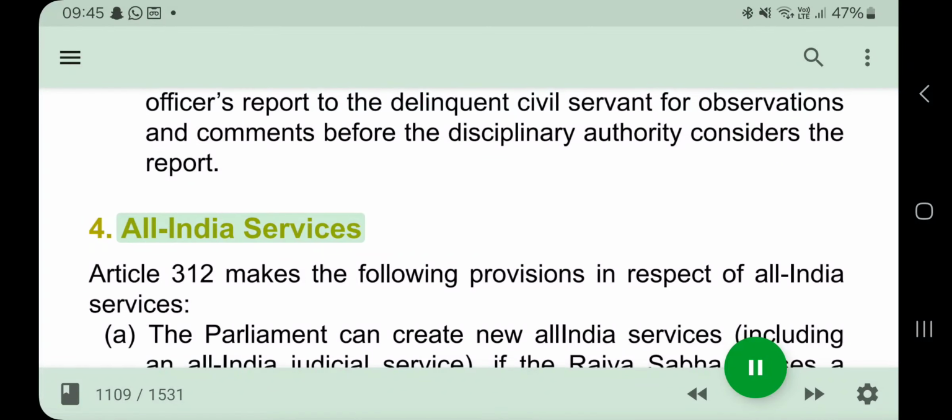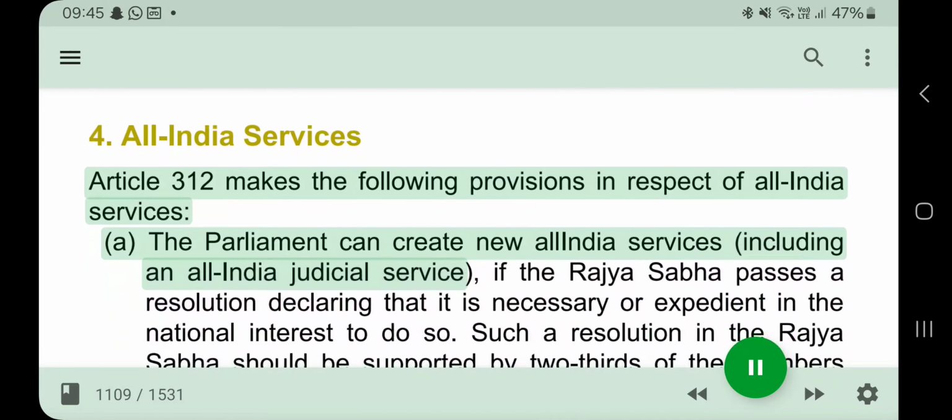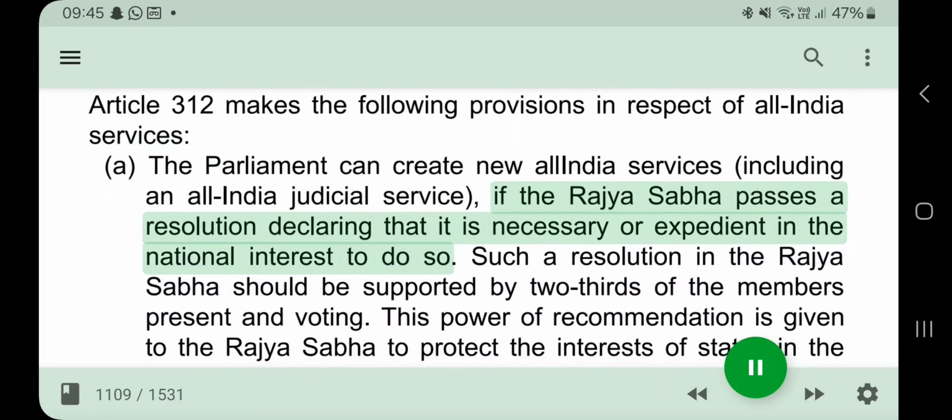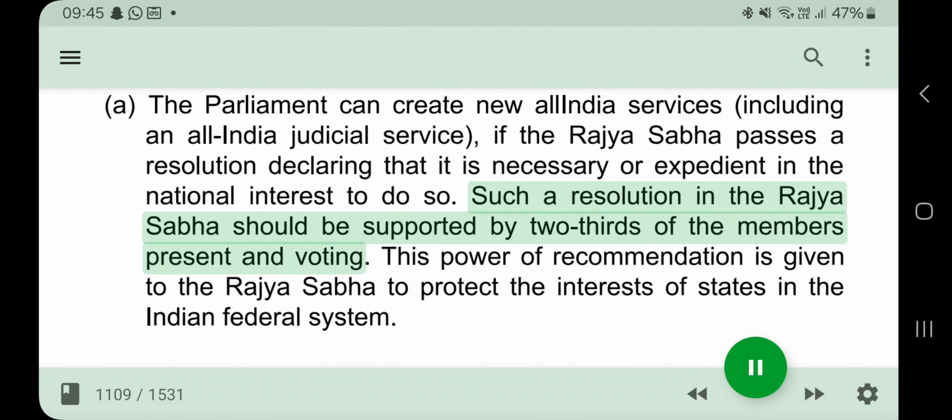4. All India Services. Article 312 makes the following provisions in respect of All India Services. A. The Parliament can create new All India Services, including an All India Judicial Service, if the Rajya Sabha passes a resolution declaring that it is necessary or expedient in the national interest to do so. Such a resolution in the Rajya Sabha should be supported by 2/3 of the members present and voting.